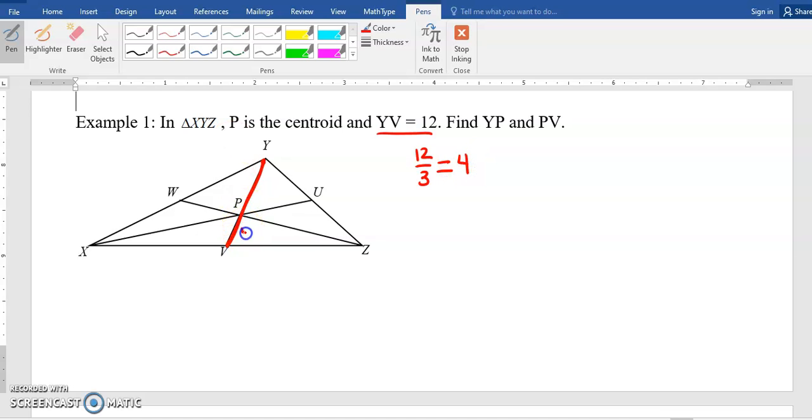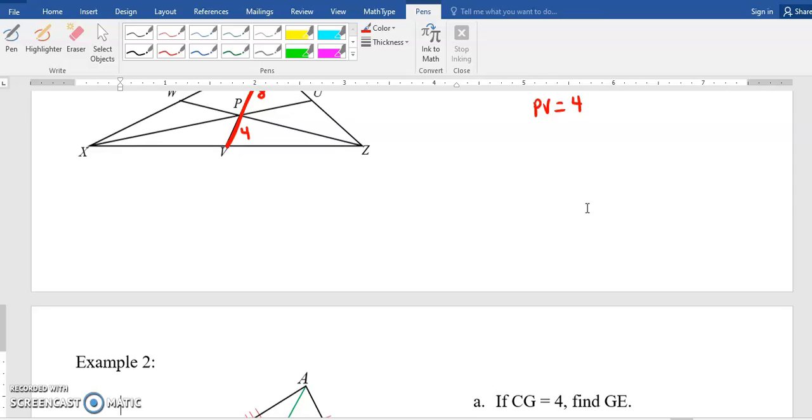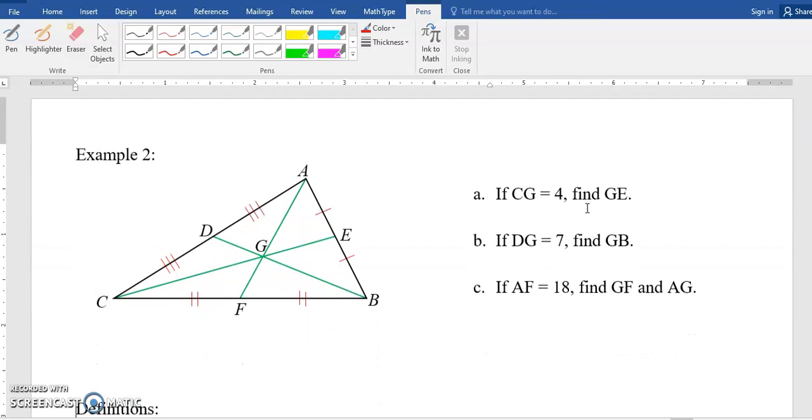The short piece would be 4, and the longer piece is twice that, or 8. So YP is actually 8, and PB is actually 4. It just separates it into that 1/3, 2/3 relationship. If you know the whole thing, divide it by 3, and that gives you the short piece, and double it for the long piece.